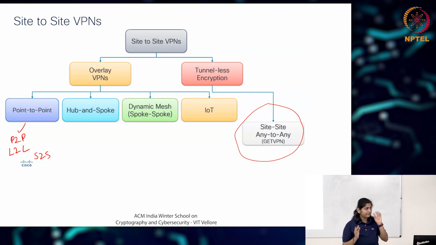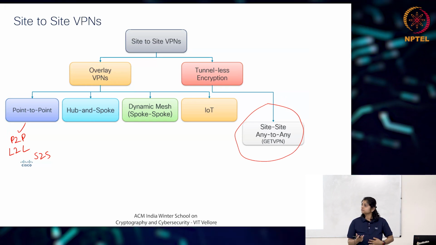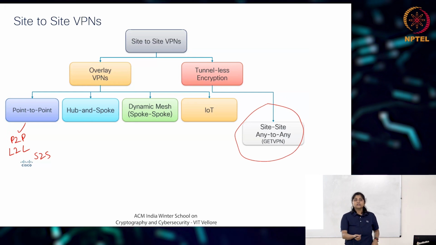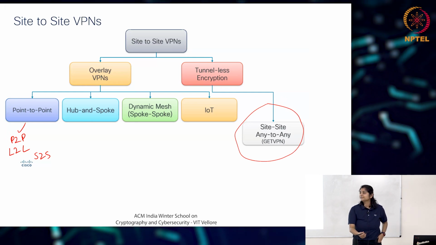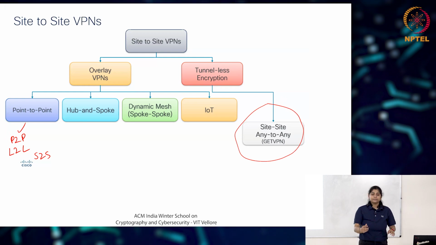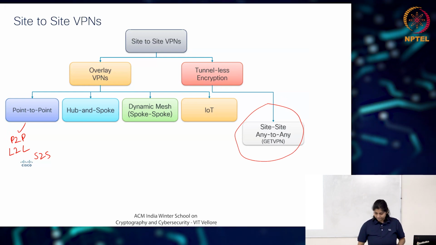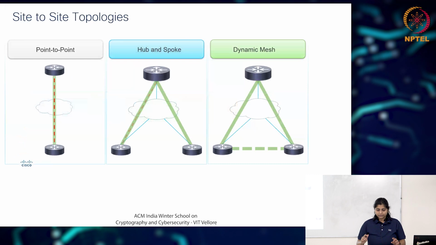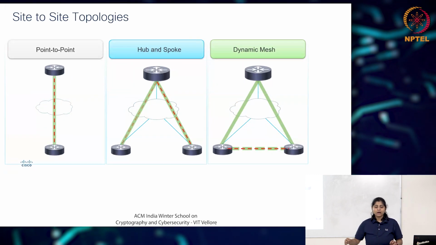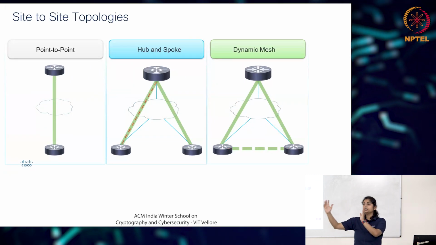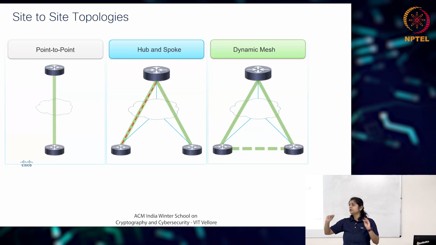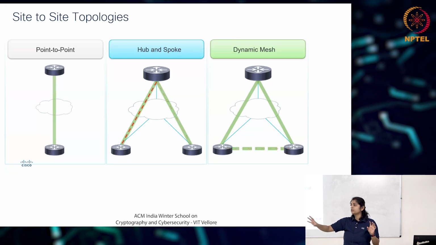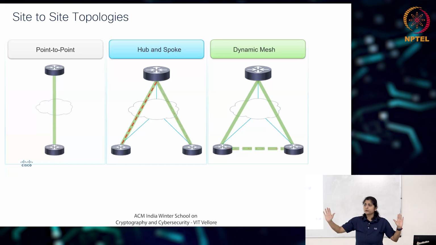Hub and spoke. Have you heard these terms? I don't see a response. No. Okay, I'll probably go here. Whenever we talk about one site talking to the other site directly, without involvement of any other router in the VPN, that's a point-to-point link.